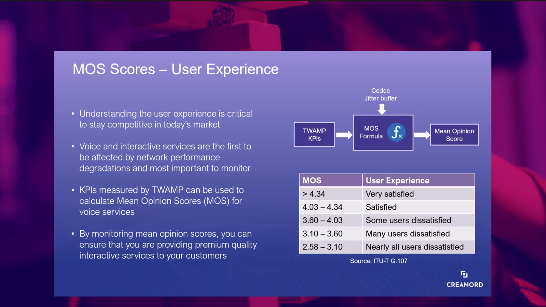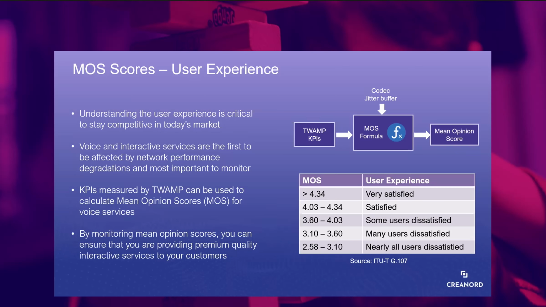So what if there was one packet lost and there was a certain jitter? How did that actually affect the user? Now, there are very advanced formulas, thanks to the ITU, which can take the KPIs that you measured by TWAMP and calculate a mean opinion score, which has been used for a long time for voice services.